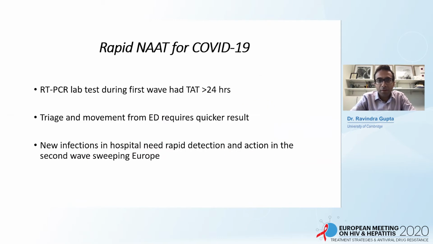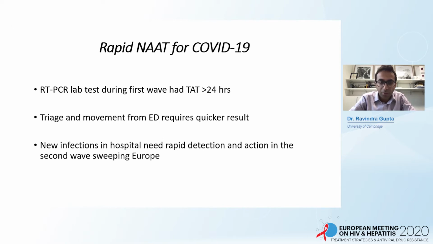So we're interested in rapid nucleic acid testing or rapid diagnosis for COVID-19. Why are we interested in this? Well, it's fairly obvious, of course, to everybody. The RT-PCR laboratory tests are highly accurate, but unfortunately during the first wave, because of the sheer numbers of tests that needed to be done, the turnaround time was greater than 24 hours in many cases, and even longer when the system was stretched.